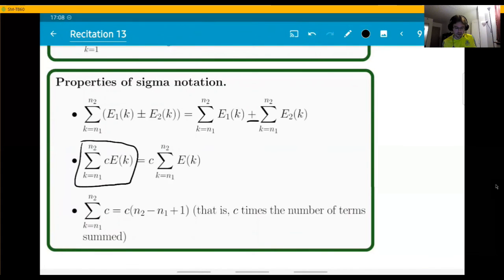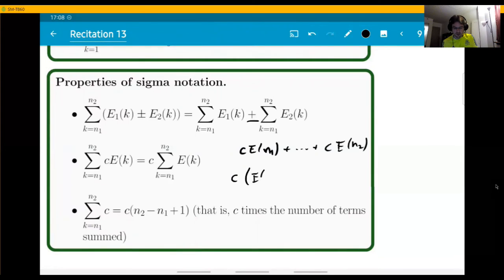You're summing a bunch of numbers. Each one of them has a c multiplying it. This is like c times e of n1 plus up to c times e of n2. And you know that you can factor a c. Right, so that's just what this property is. It's factoring the c outside of the sum.